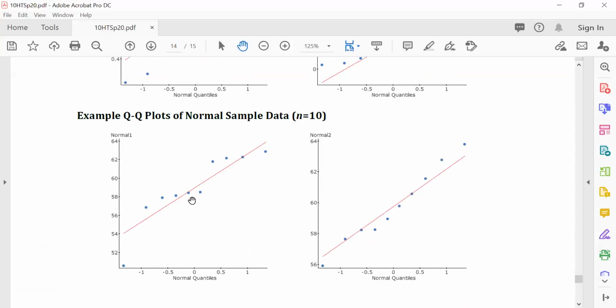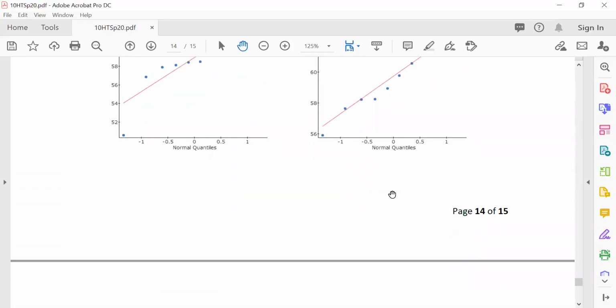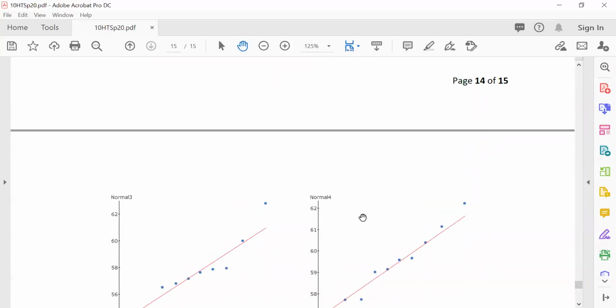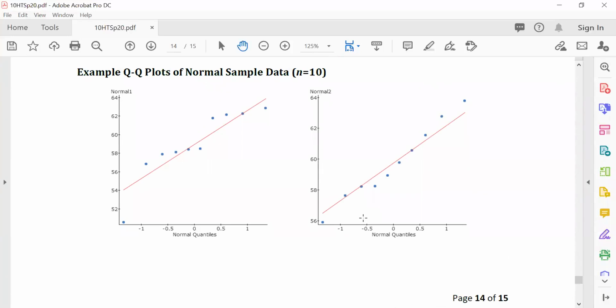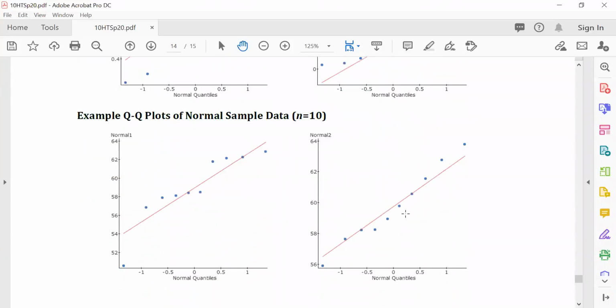Similarly, here are some examples of QQ plots, 2 on this page and 2 on the next page, from the normal distribution. All those graphs are drawn from simulation data. Those are really QQ plots that are generated from a normal sample. Again, your x-axis is the theoretical normal quantiles.